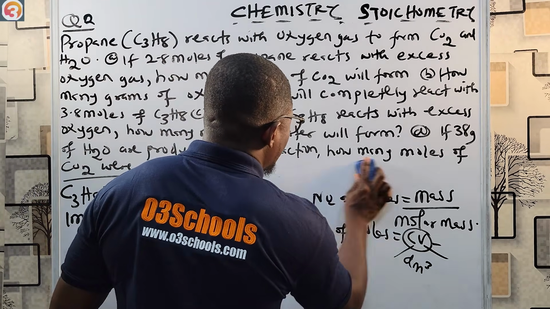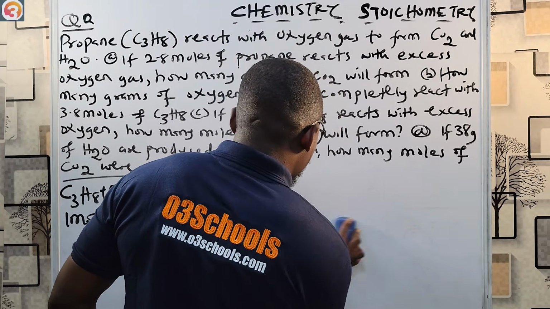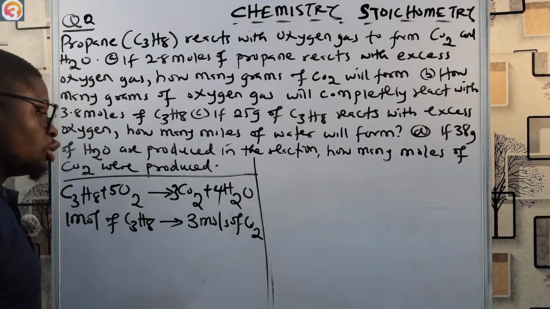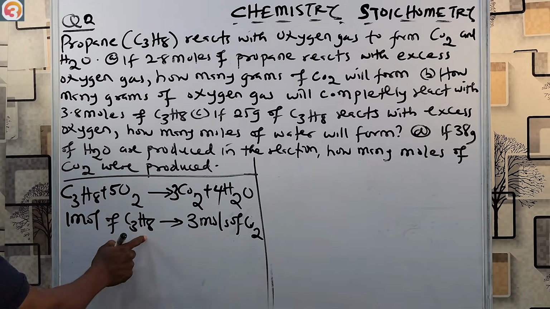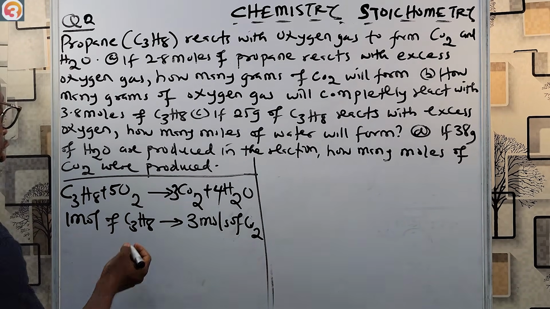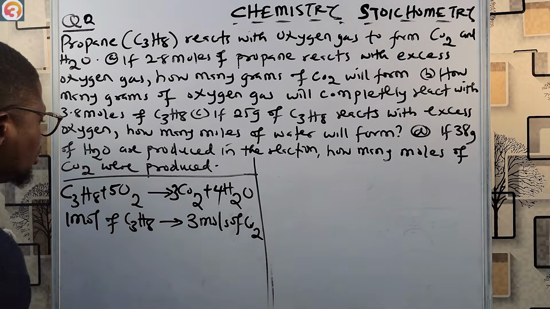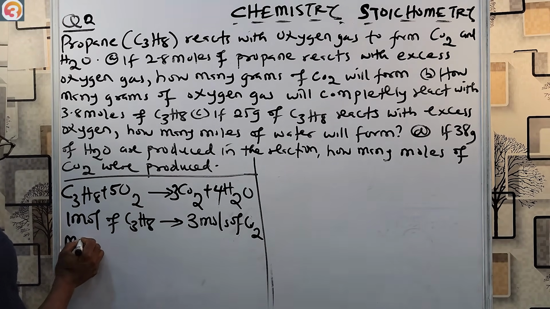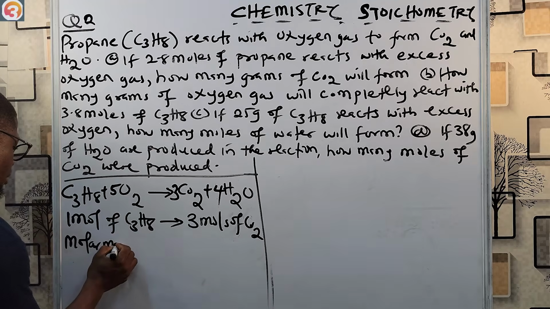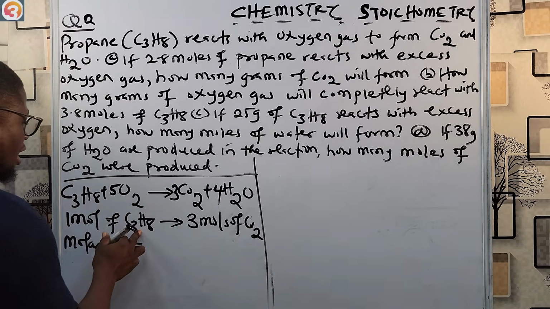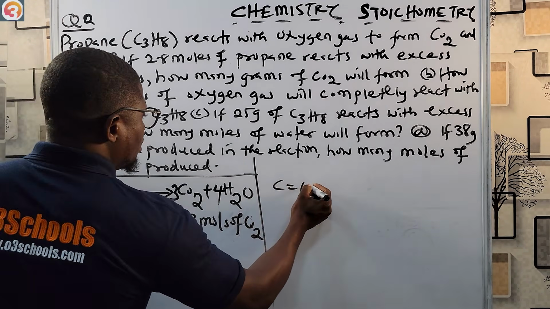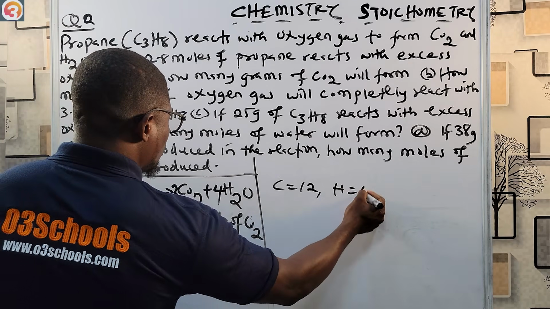All right, now let's go back to our question. We need to look for the molar mass of propane. For us to be able to look for the mass, we need the molar mass. You know how to calculate molar mass. Carbon is 12, H is 1.